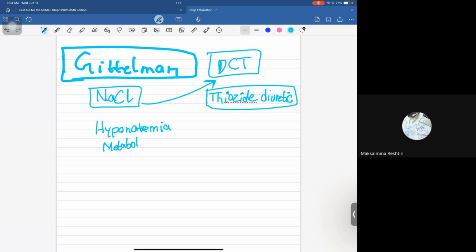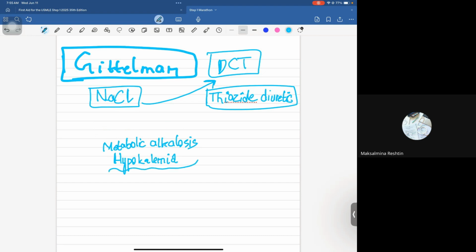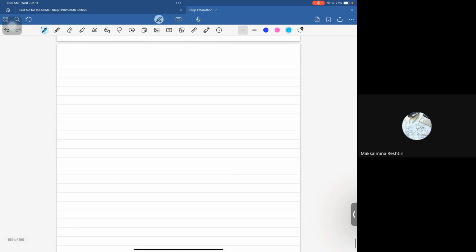And the next thing is that you are going to get hypokalemia. So you are going to get metabolic alkalosis, hypokalemia, and hyponatremia. These are the main things due to Gitelman syndrome. This is very easy. Gitelman syndrome is due to an effect on NaCl reabsorption in the distal convoluted tubule.